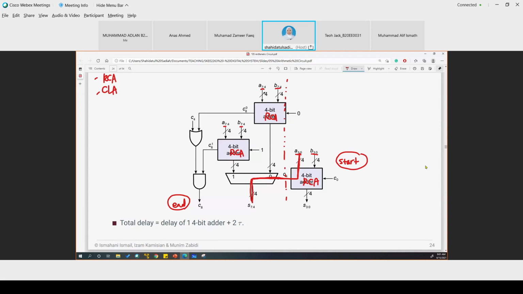It doesn't matter what this is because we're only concerned about this block for the delay. Because the critical path delay is going through this block, right? So we only care about this block. So this is a multiplexer. This is a multiplexer here.